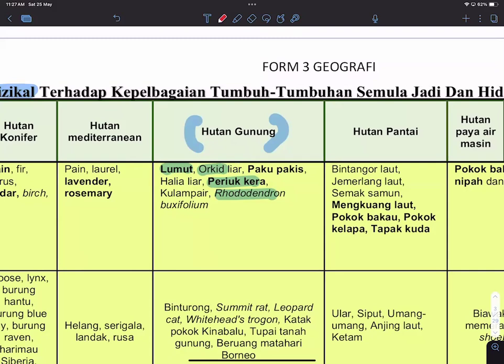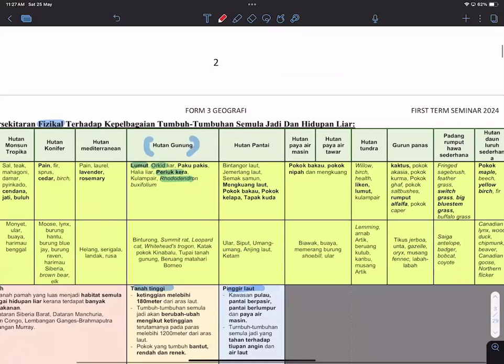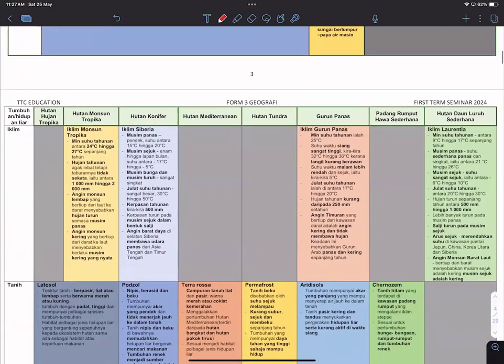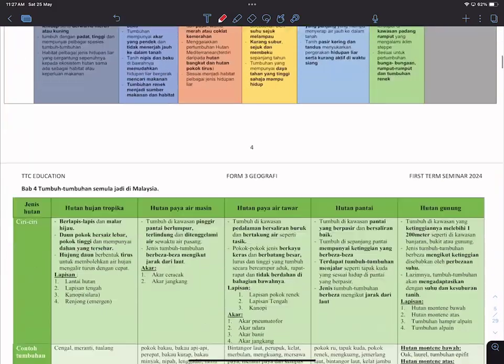Followed by the Montane bawah, we have Montane atas, 1,800 to 2,800. Followed by the lapisan tumbuhan hampir alpine, 2,800 to 3,500. And 3,500 and above is the lapisan tumbuhan alpine. So these are the 4 layers within your hutan gunung, part 4.